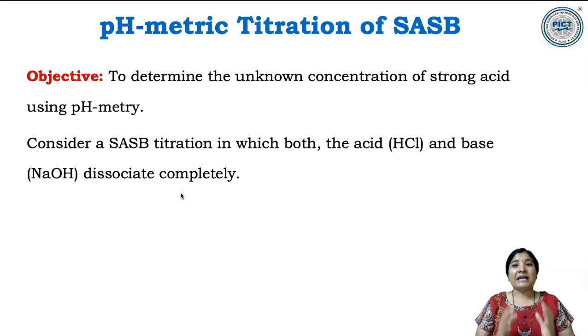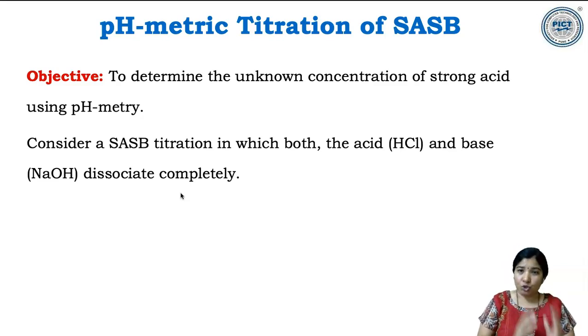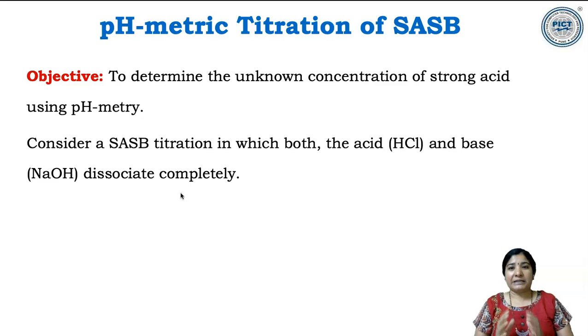So we'll call it an SASB titration, that is strong acid strong base titration, wherein we'll take a strong acid in a conical flask or in a beaker for the analysis, since we want to know the unknown concentration of that acid.